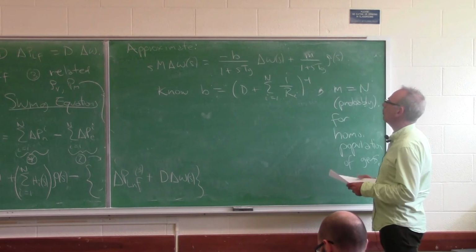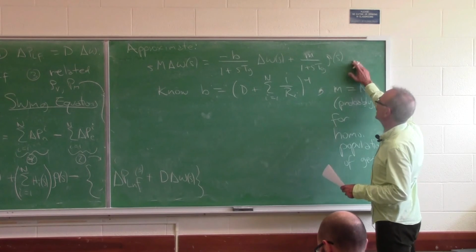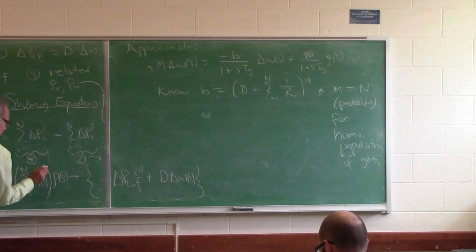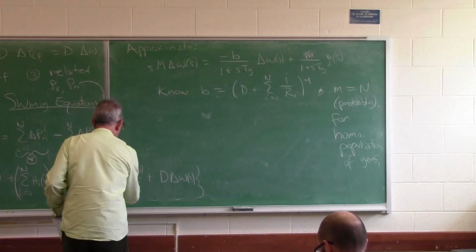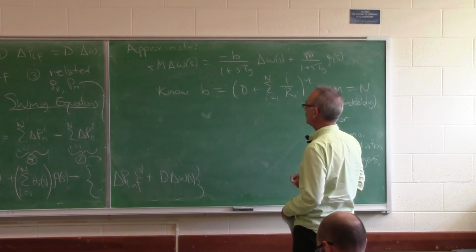Okay, and so what have I missed? I lost some terms, right? So I got this, approximated it. I got this, approximated it. That I left out, and that I left out. And I need colored chalk, I think.